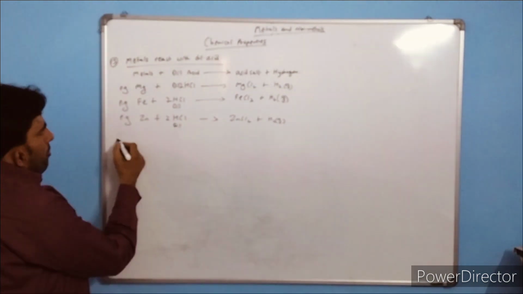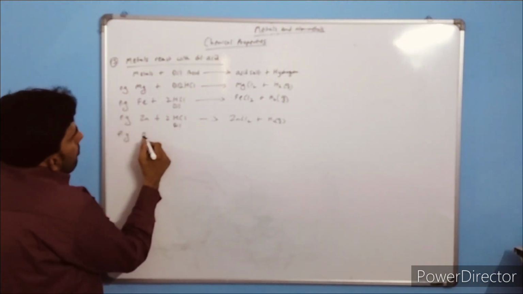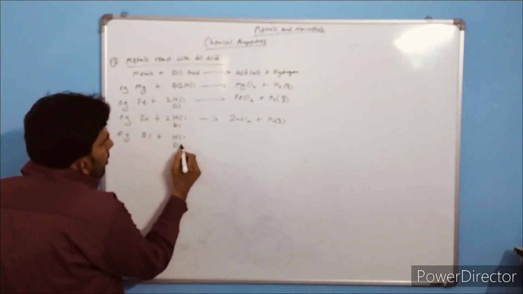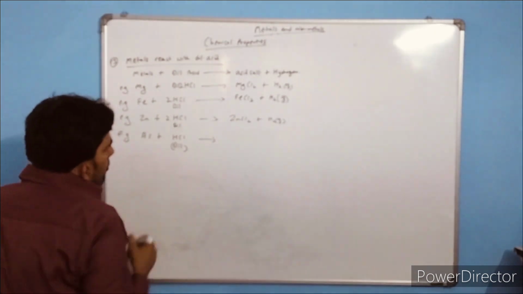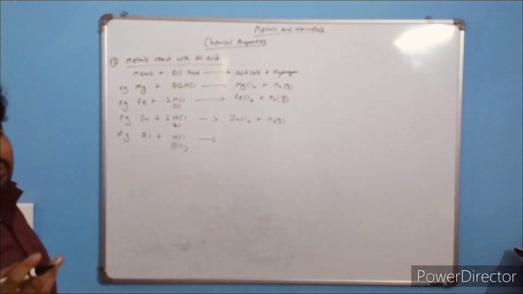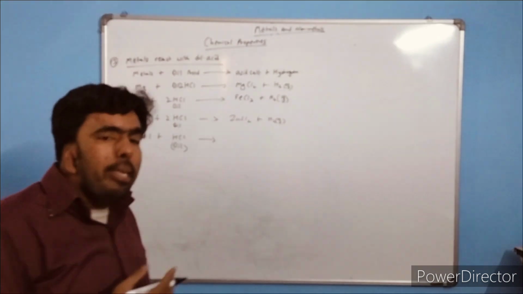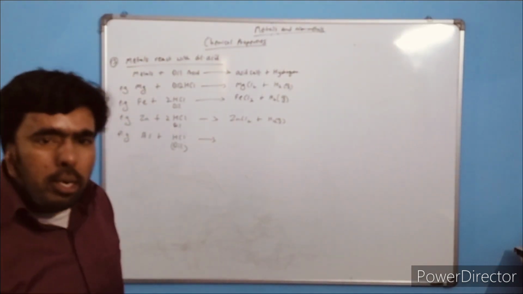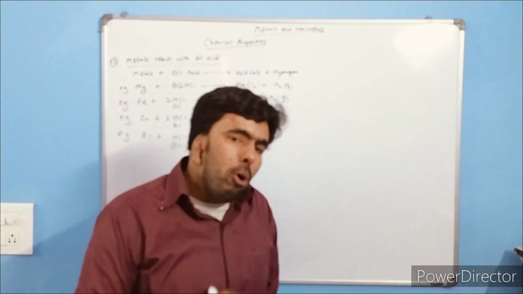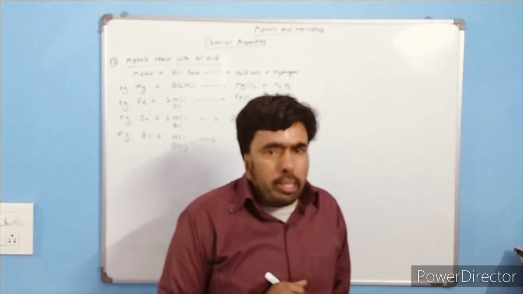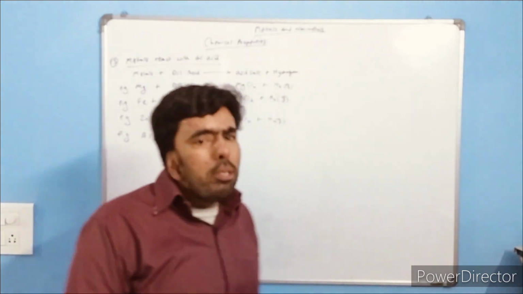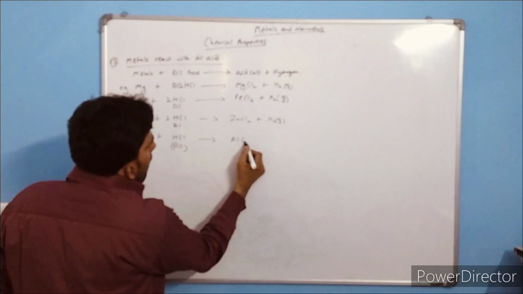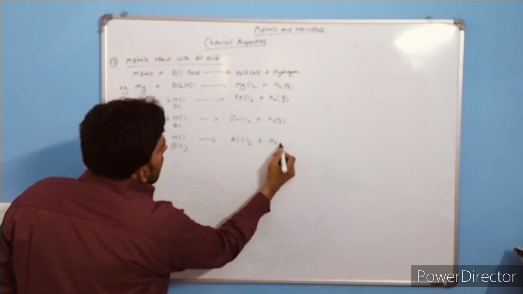One more example: if I take aluminium and react with dilute HCl. We all know the difference between dilute acid and concentrated acid. Concentrated is more dangerous than dilute because it has 90% acid, as compared to dilute, which has 90% water. When it reacts, we get AlCl3 plus hydrogen gas.